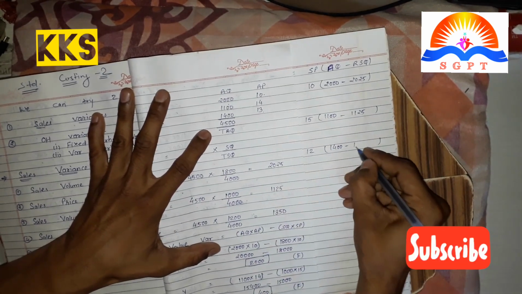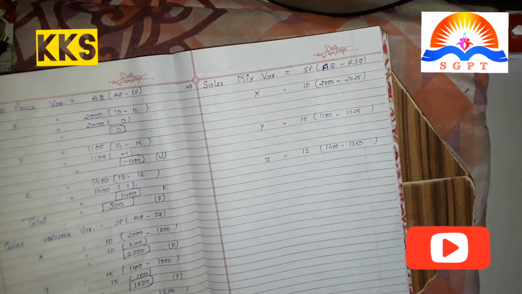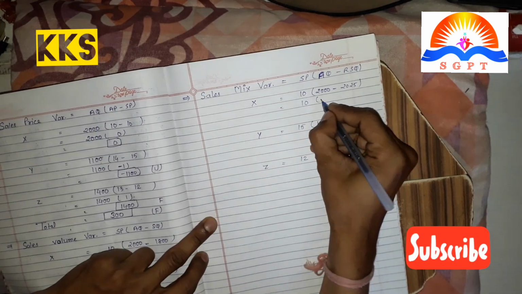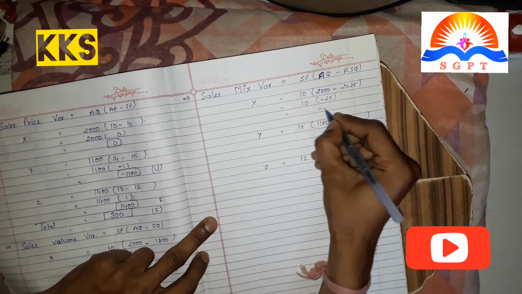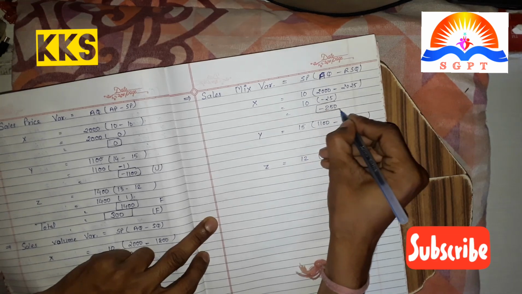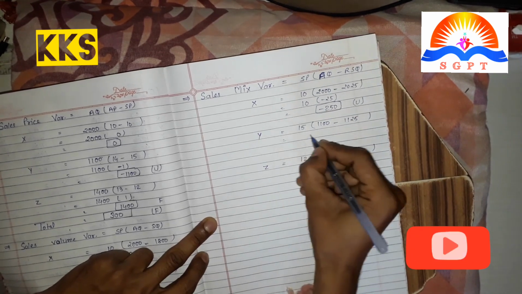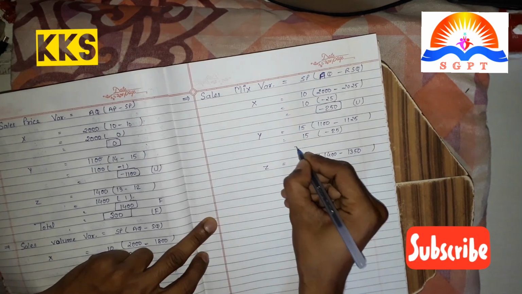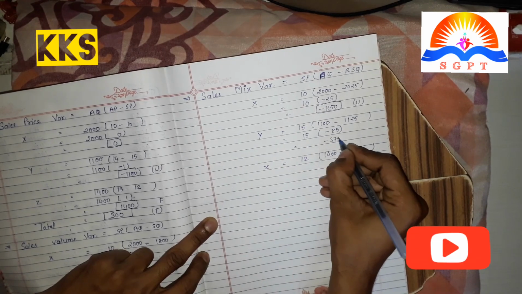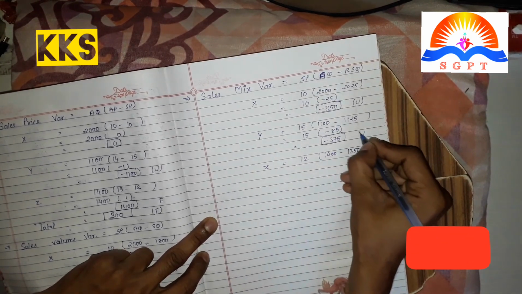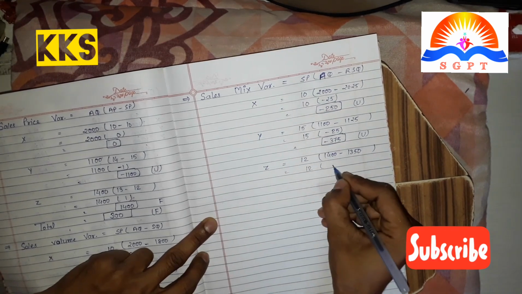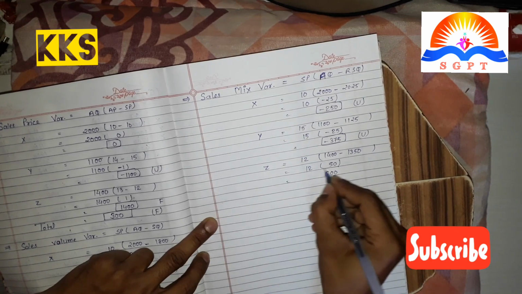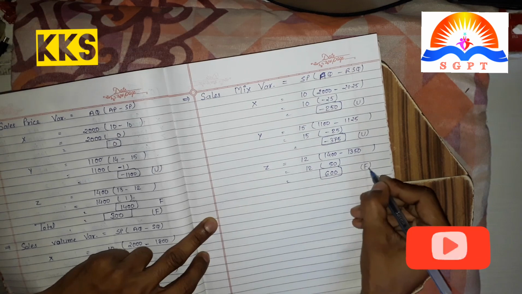For X, 10 into (2000 minus 2025), you will get minus 25, so minus 250. For Y, 15 into minus 25, minus 375, unfavorable. For Z, 12 into plus 50, 600, favorable.